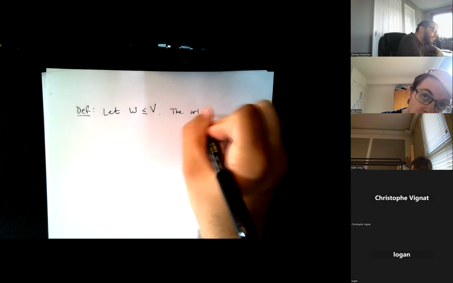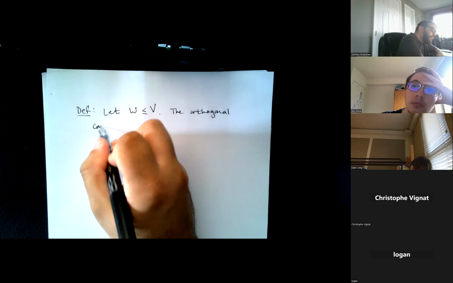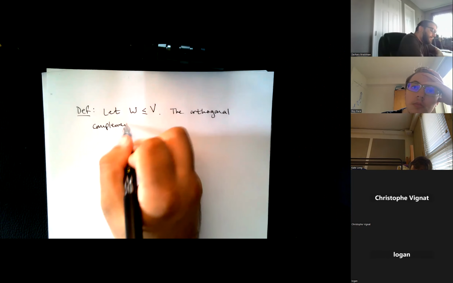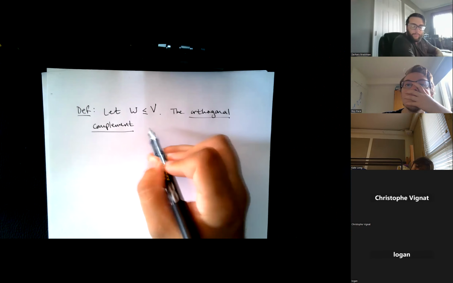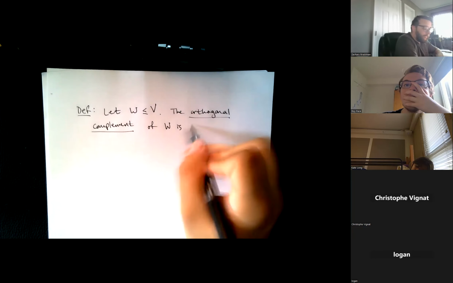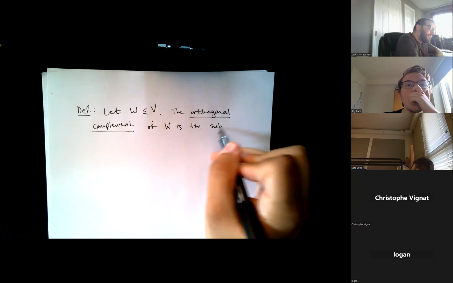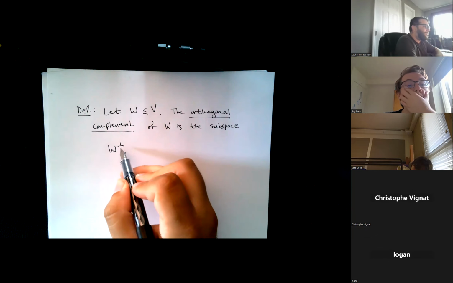The orthogonal complement of W is another subspace of V, which is denoted W with this symbol up here, usually pronounced perp.